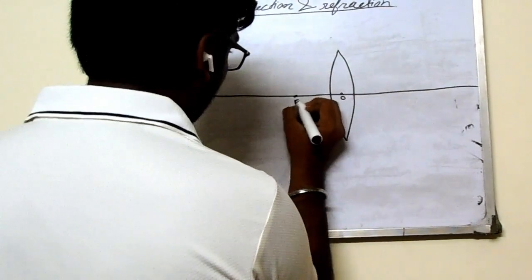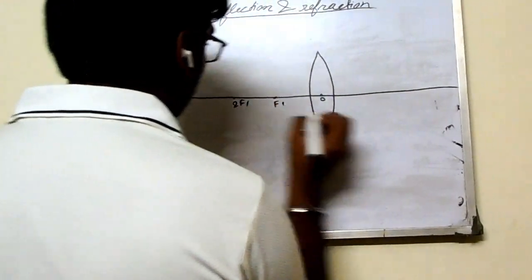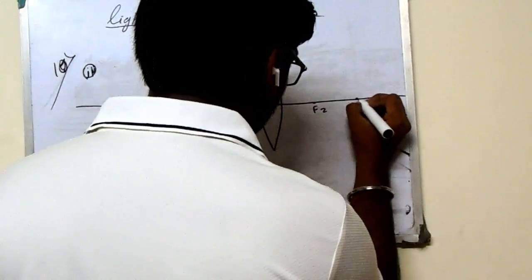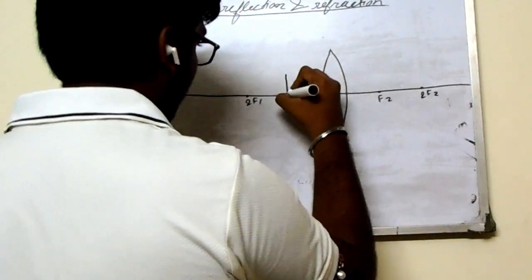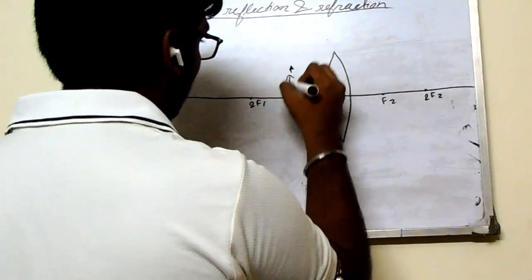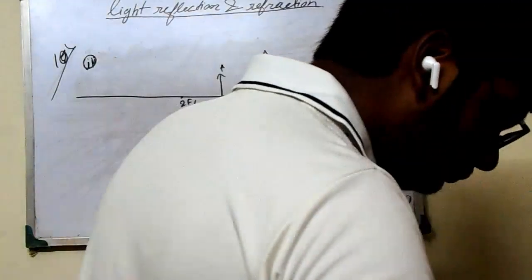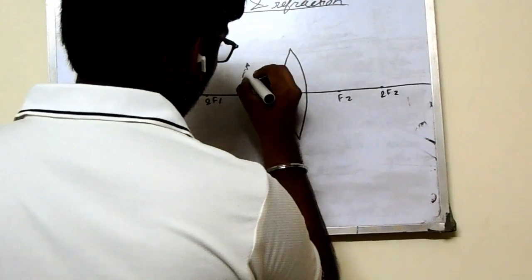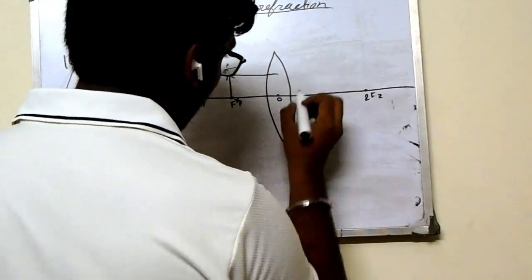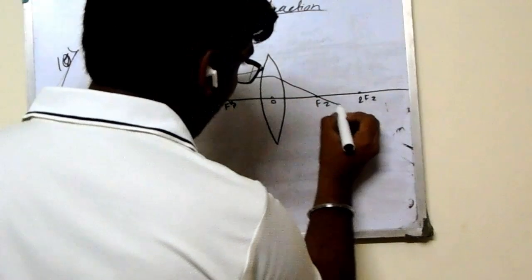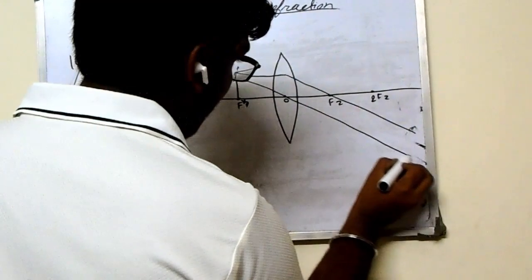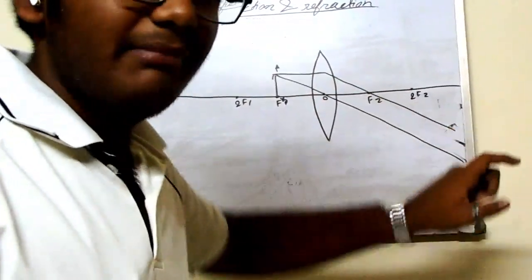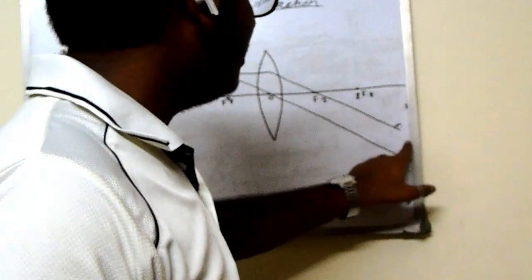Center, F1 to F1, F2 to F2. Now let the object be at F1, A B. It will meet at a certain point, but it's not here.